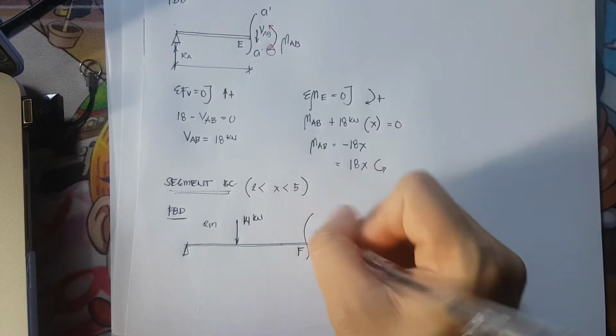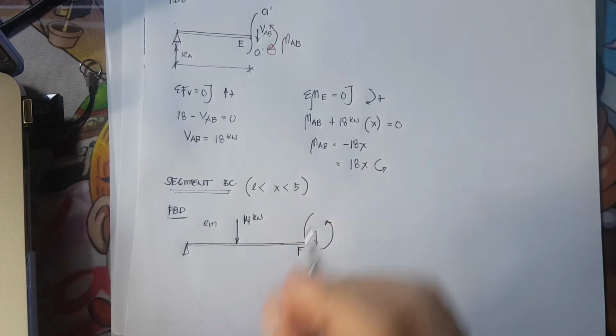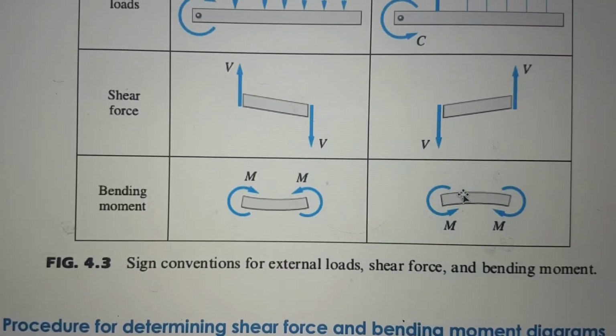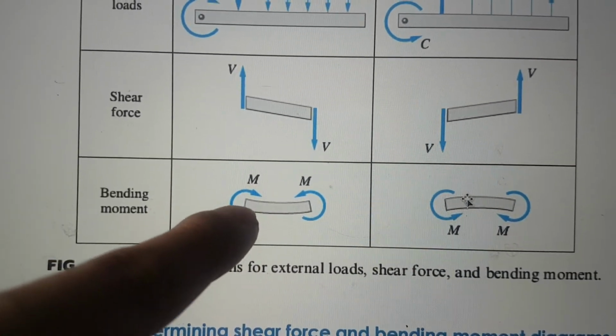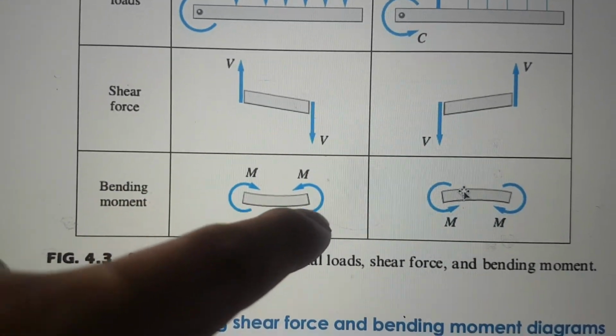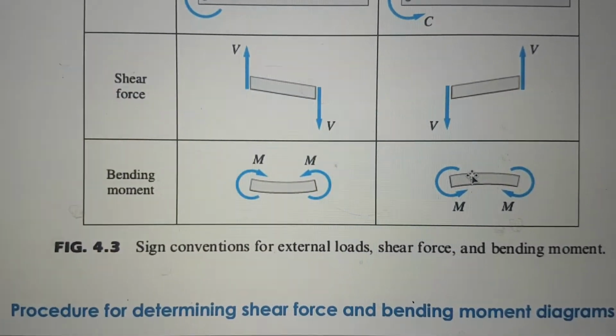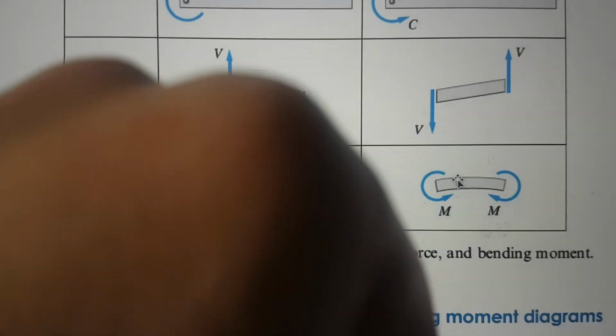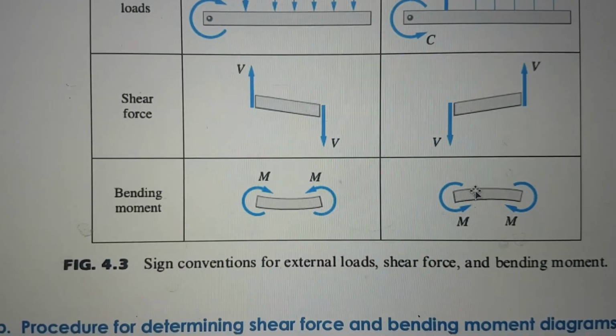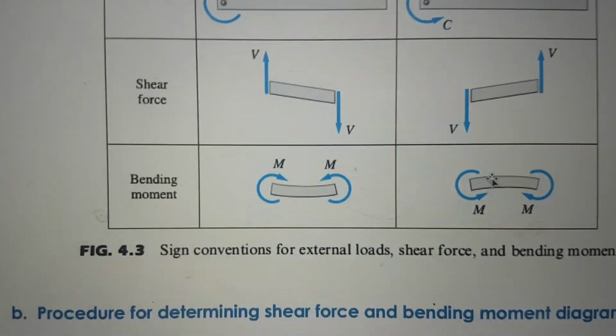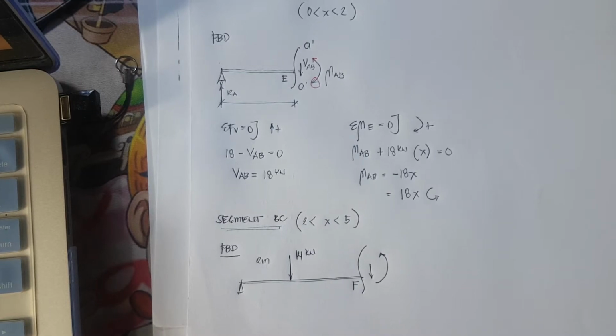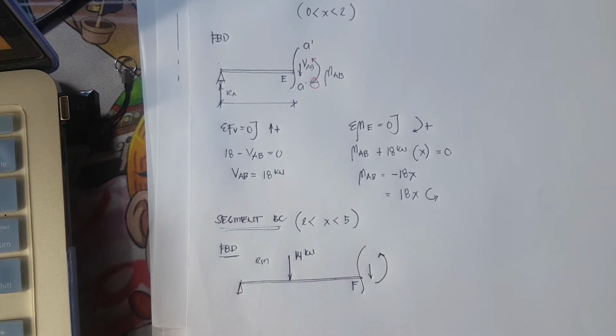Then let's try moment from our convention. If you can recall from our first video, positive is counterclockwise, so that is what we will use. I repeat, these are conventions, and it doesn't mean that if you use counterclockwise or clockwise, you're wrong. It will still give you the same answer but different magnitude.